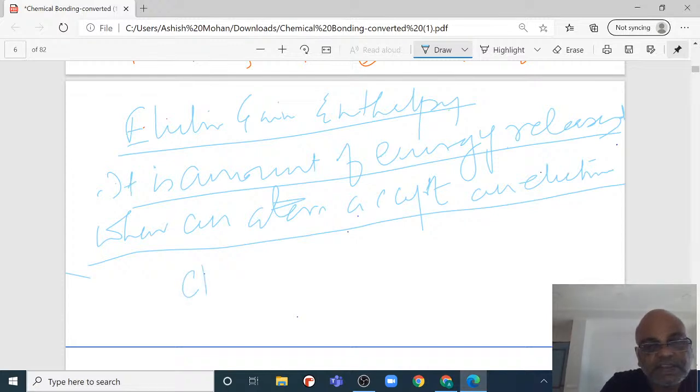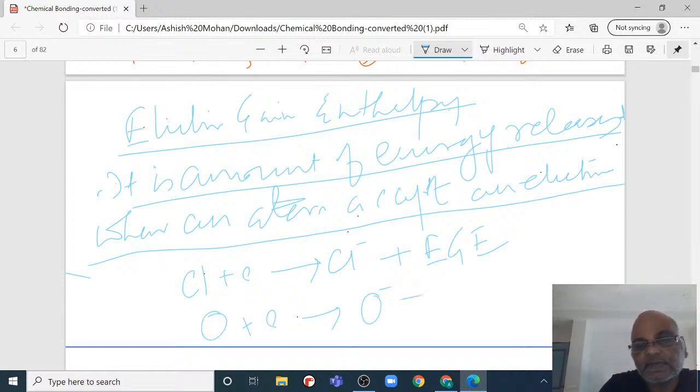For example, Cl accepts an electron to form Cl minus, and it releases electron gain enthalpy. Oxygen accepts an electron, O minus, this is again electron gain enthalpy. O minus accepts another electron, O2 minus, it may be positive or negative electron gain enthalpy.